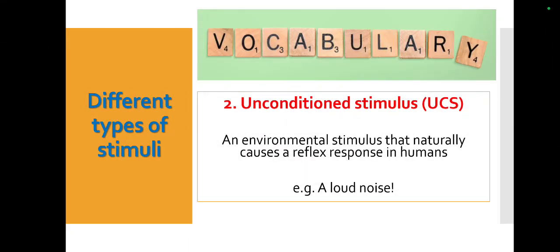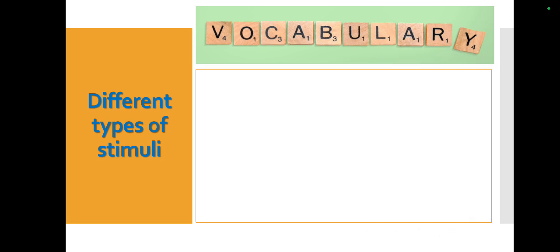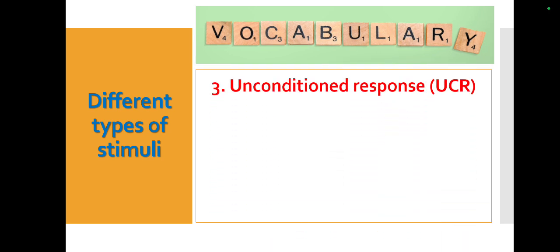Our unconditioned stimulus, the thing that will evoke a reflex in them, is a loud noise of some sort. We are all born with the startle response, so a loud noise would automatically create some sort of reaction in a human.